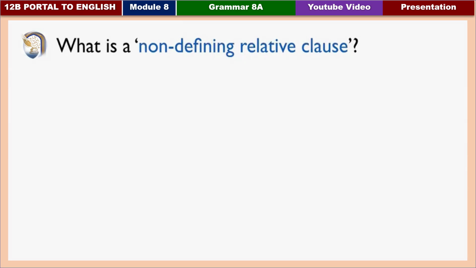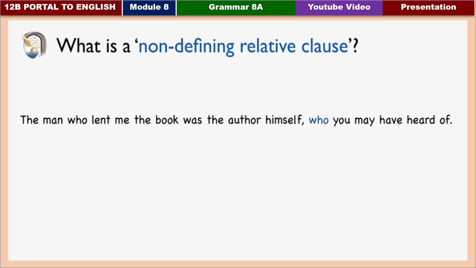Let's look at some examples. The man who lent me the book was the author himself, who you may have heard of. If we drop the last part, who you may have heard of, the sentence is still complete. The man who lent me the book was the author himself.